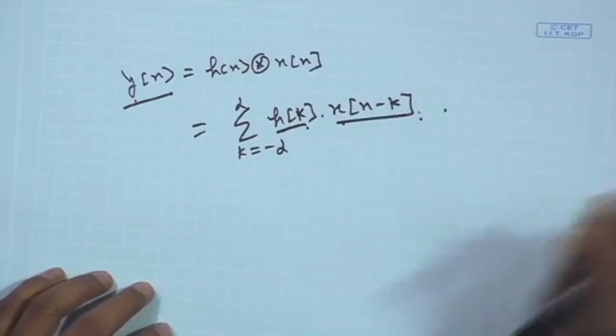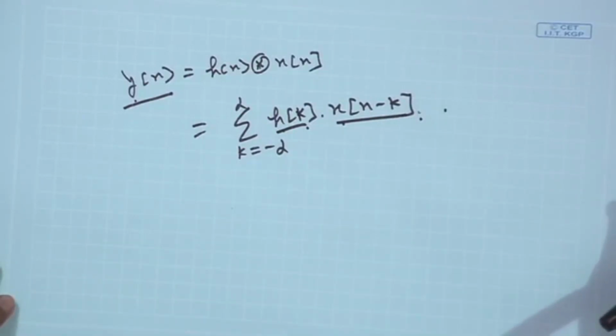The output is produced when the property of the system modifies the input signal. The whole property of the system should modify each input of the signal. That is why the whole h[k] will modify each input. Okay. So, this is convolution.